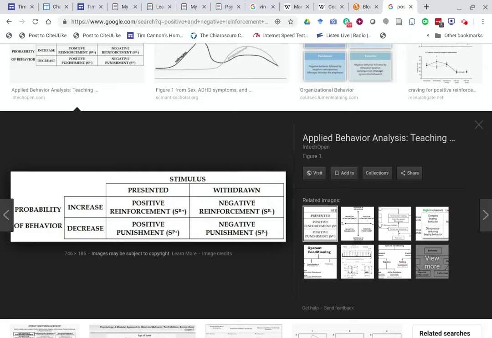And although the term is cognitive behavioral, learning theory is really at its foundation. You are modifying your thoughts, your cognitions, but you're doing it with learning principles. So this table is important right here.